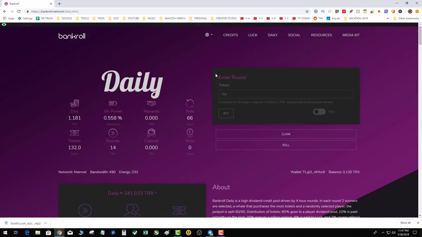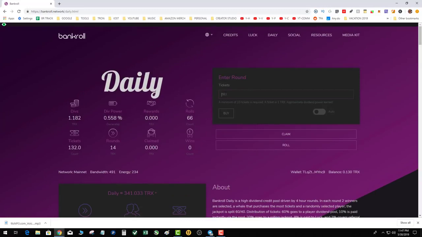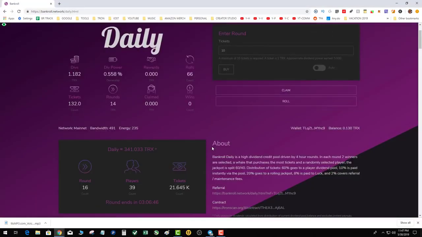To get into a round, you simply need to have some TRX in your Tron link and buy tickets. The minimum ticket buy is 10 tickets. If I wanted to take part in this round, I would simply put in 10, do a buy, and confirm. Now I am entered into this round.